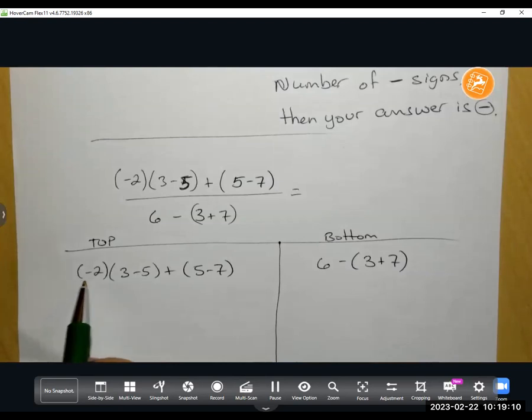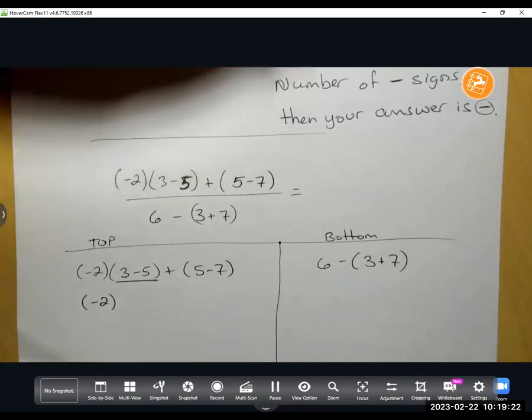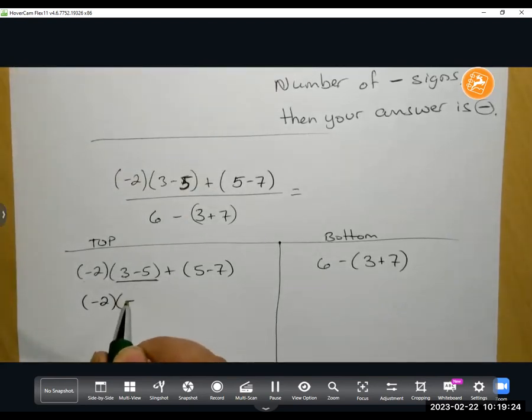Inside the parentheses. We can't do anything in the first parentheses since there's no equation. It's just -2. So we go to the next parenthesis. 3 minus 5, is that positive or negative? Why? Because 5 is bigger than 3. The signs are different. Since the signs are different, what do we do with the numbers? Subtract them. 5 minus 3 is 2.